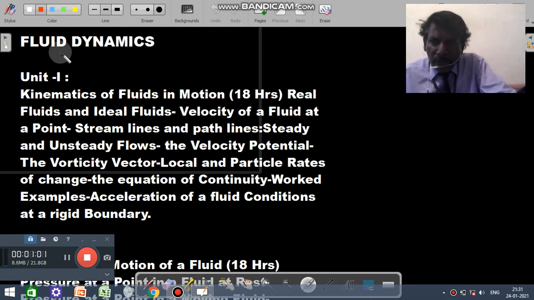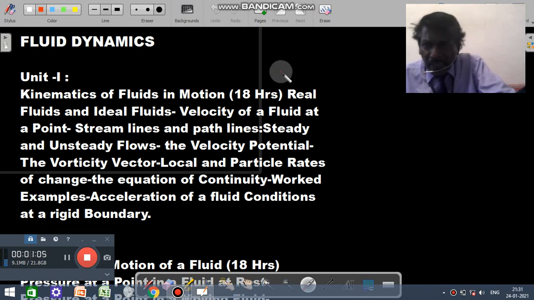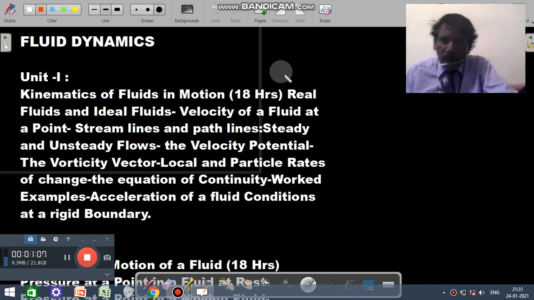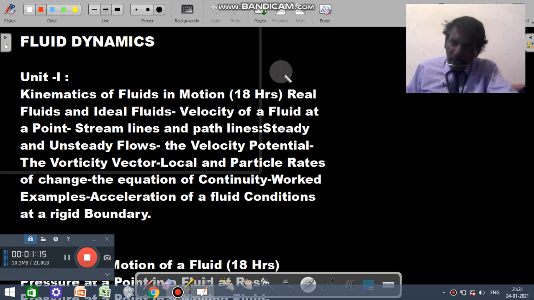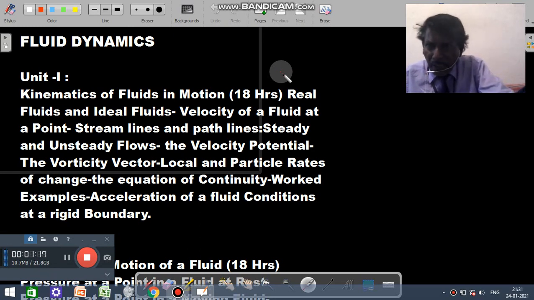I mean, when the flow moves, what are the forces acting on that? What are the equations connected with that? That study is called fluid dynamics.